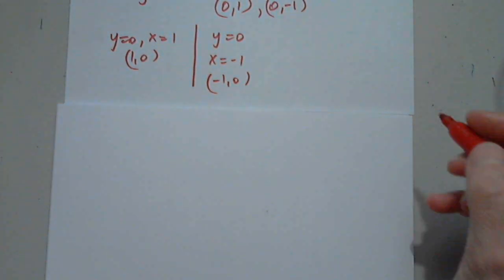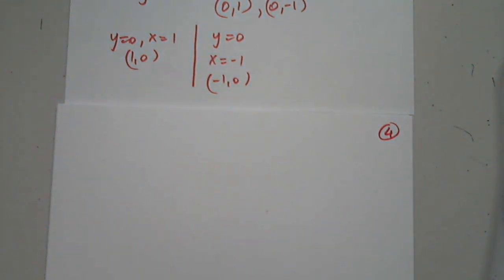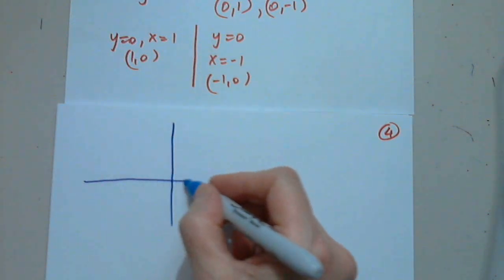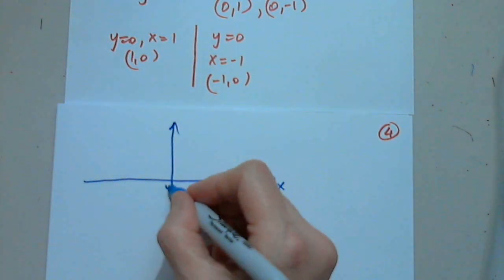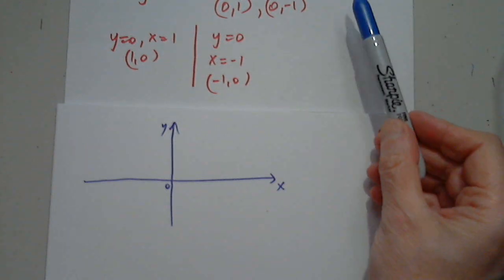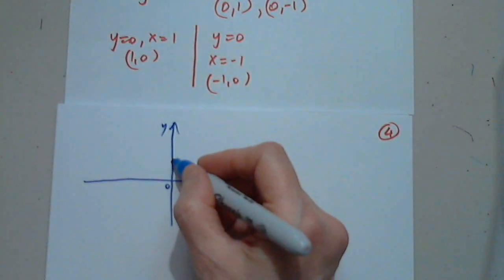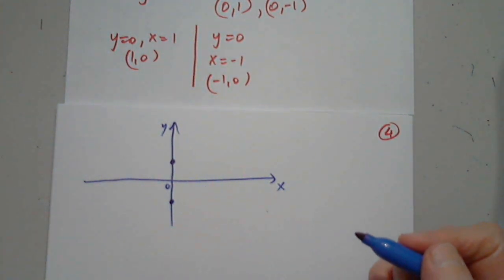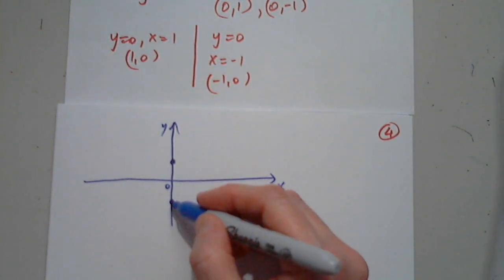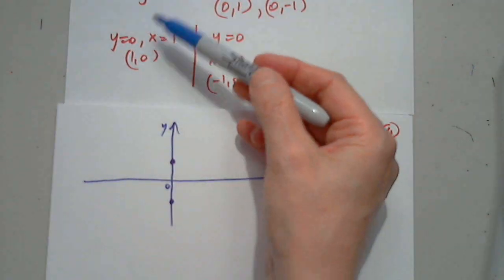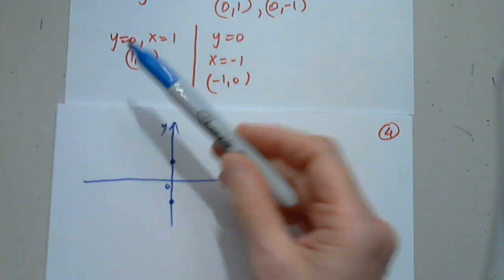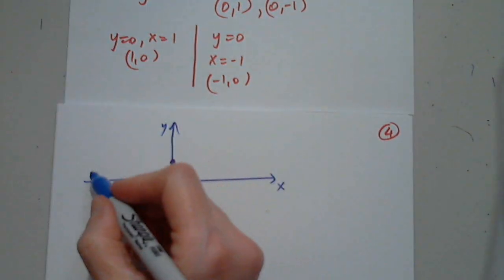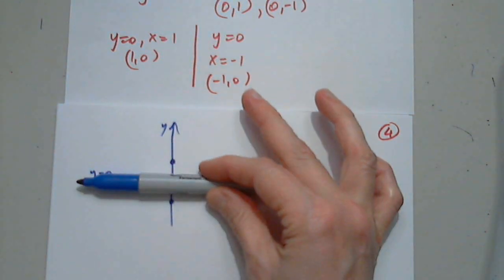Okay, so let's finally graph these. We know that the points of intersection are (0, 1) and (0, -1). Both curves have to pass through these 2 points. We also know that the vertex will be on the y equals 0 line, which is the axis of symmetry of both.